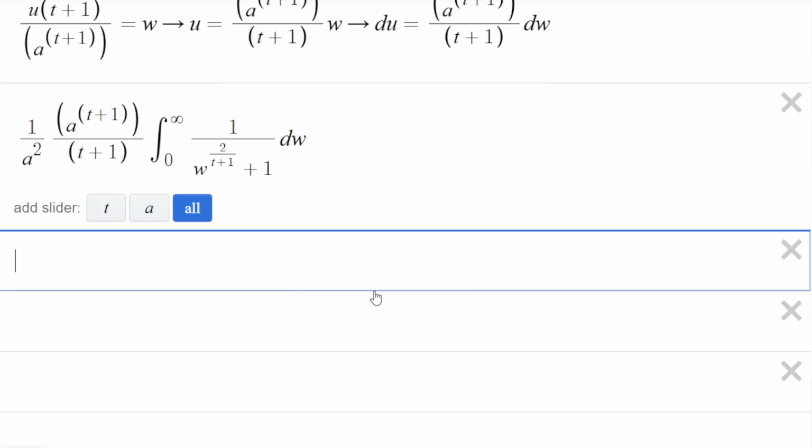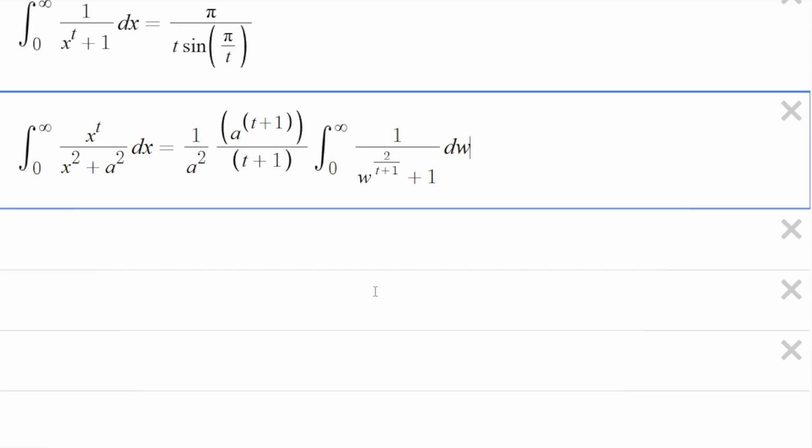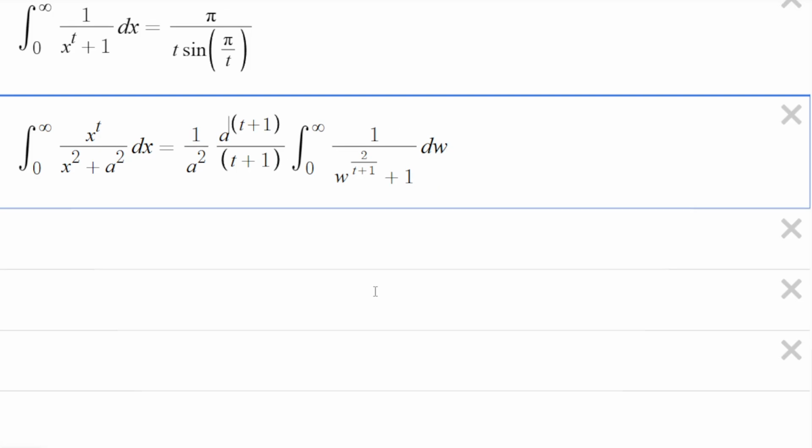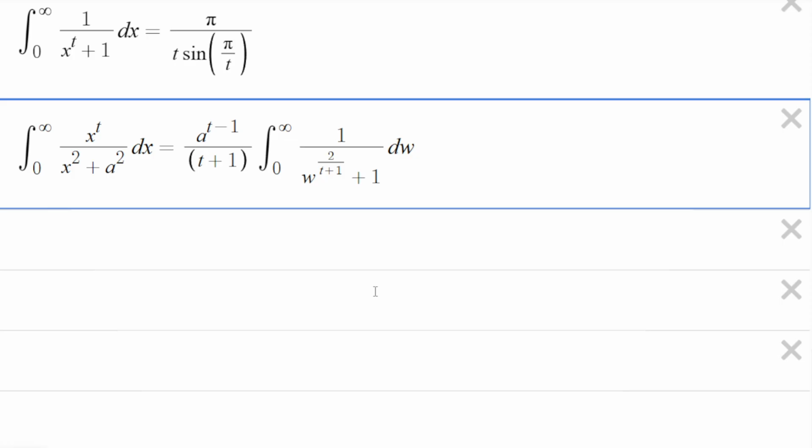And now let's clean up. All right. Get rid of that parentheses, get rid of this parentheses. Let's see, this 1 over a squared, that's just going to subtract 2 from the exponent, so it becomes this. And then this t minus 1 is like this.